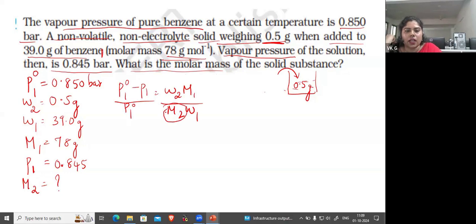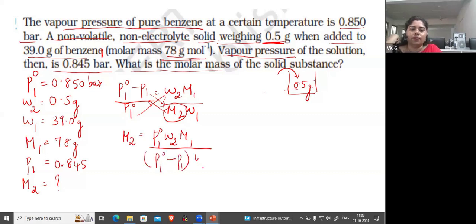So, let's rearrange the equation. I'll take this up, this I'll get it down. More like cross multiplication. So, M2 will be equal to P1 naught, ಇದನ್ನು ಮೇಲೆ ತಕೊಂಡು ಹೋಗ್ತೇನೆ, W2 M1 divided by (P1 naught minus P1), ಅದು bracket ಒಳಗೆ, into W1. Correct?